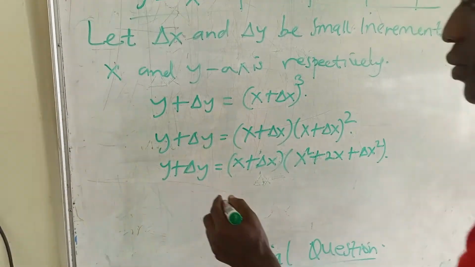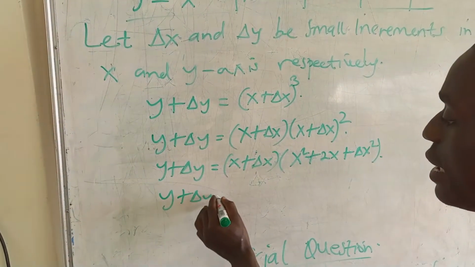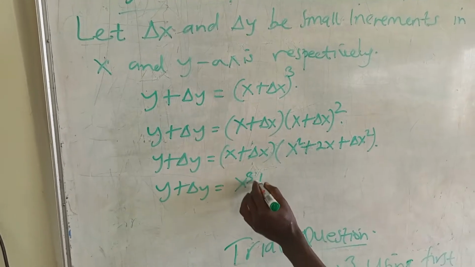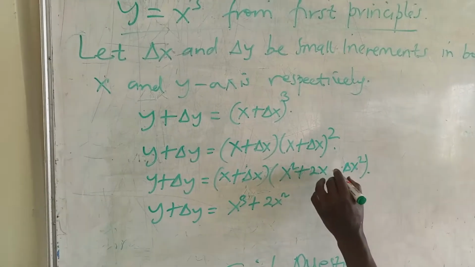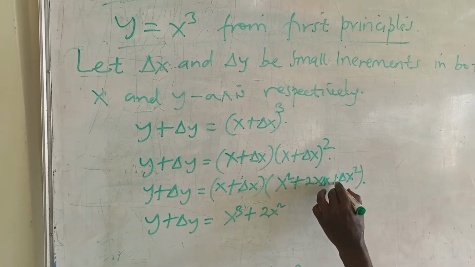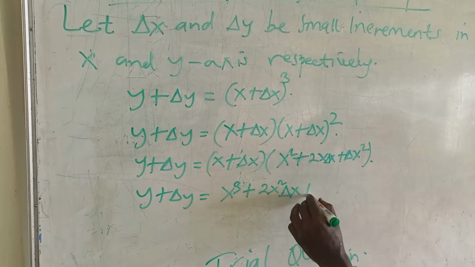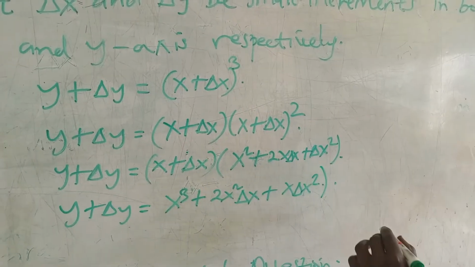So it becomes y plus change in y is equal to, this x will become x cubed plus 2x squared change in x, plus x change in x squared.